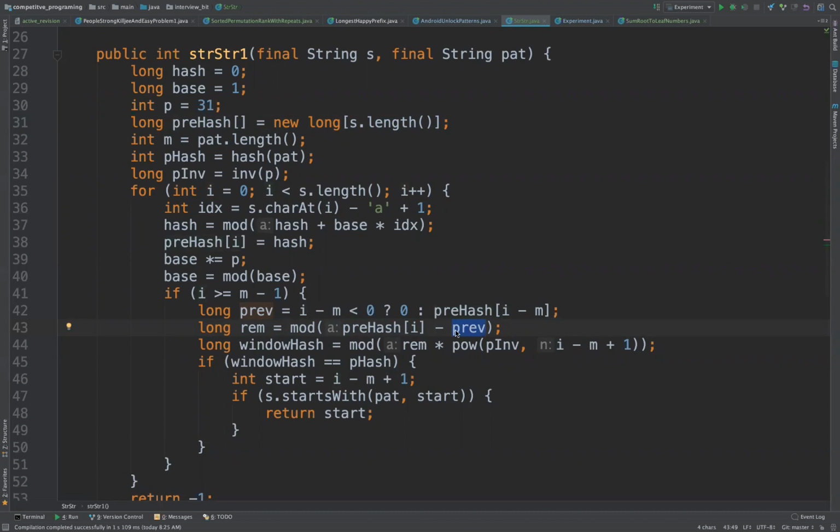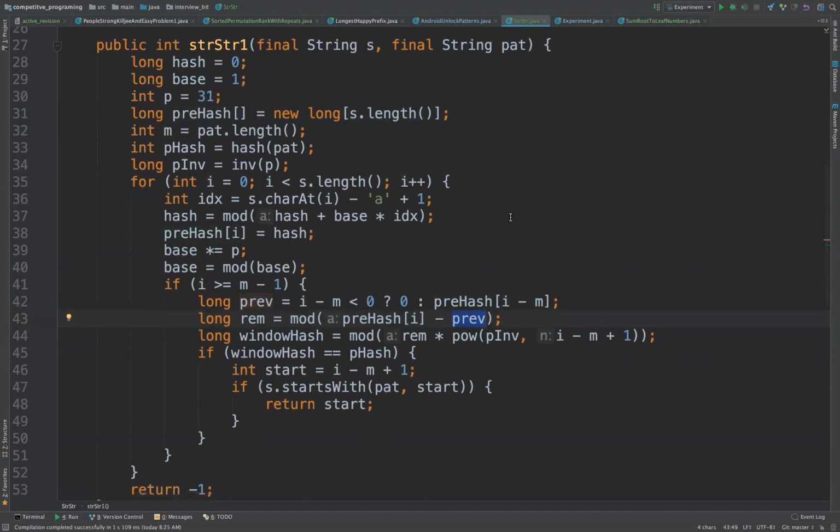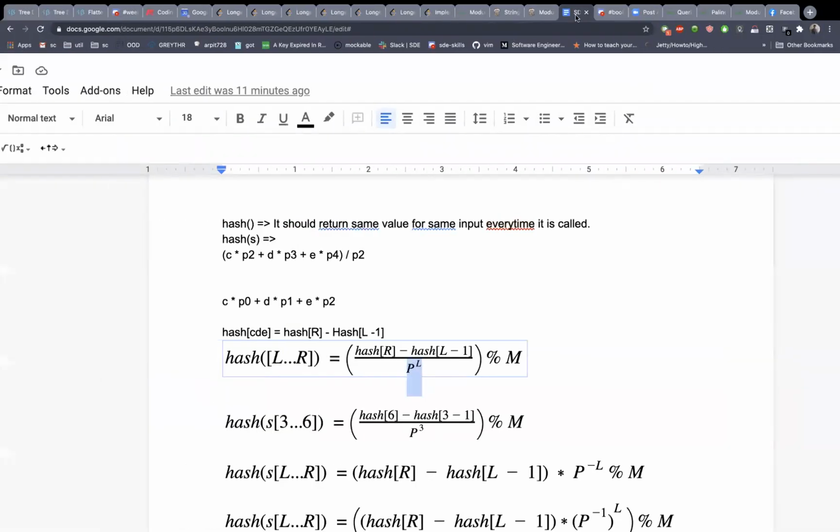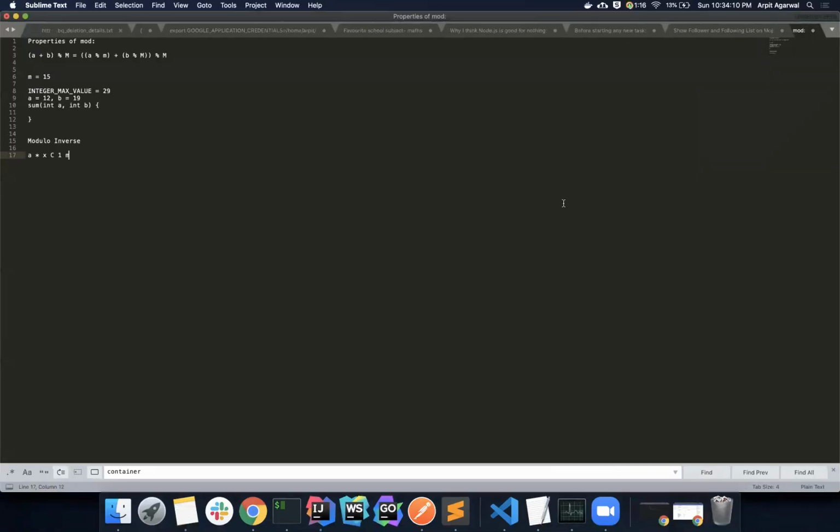So shall we move ahead? Yeah. Okay. Yeah. So, Gaurav, how much time do we have? So based on that, I will choose the next problem.